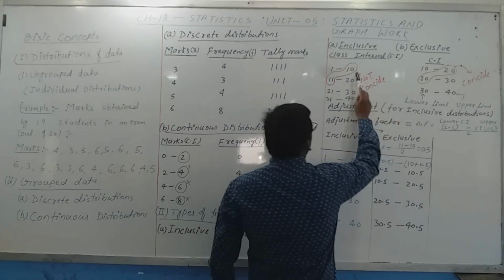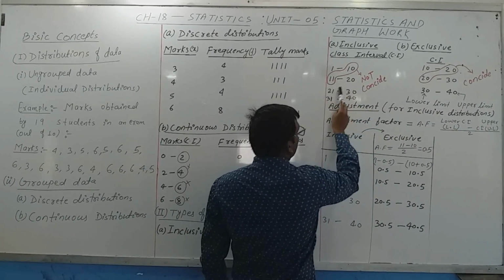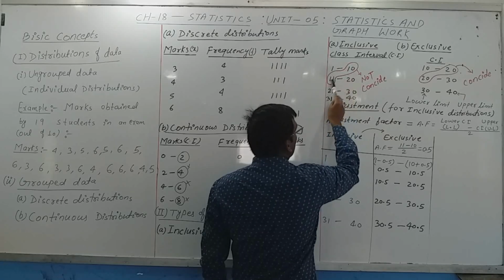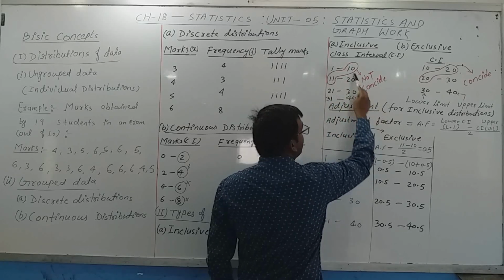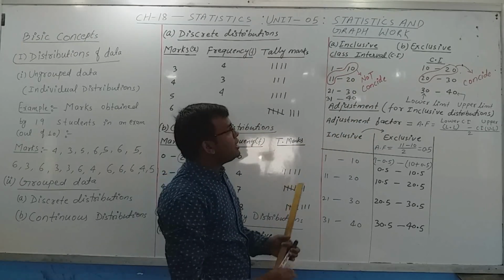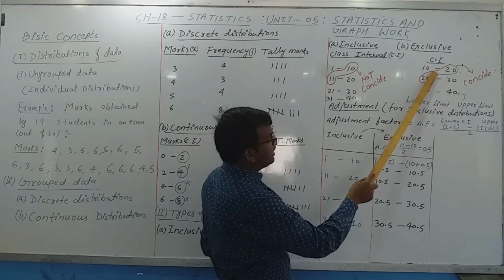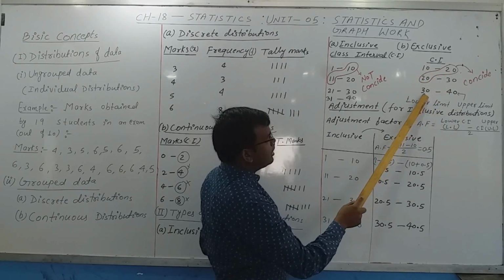That means, see here, it is the 10, it is the 11, 20, 21, both are not common. Here it is also not common, that does not coincide. Then this is called inclusive distributions. And see here, it is the exclusive example. See the class intervals 10 to 20, 20 to 30, 30 to 40.